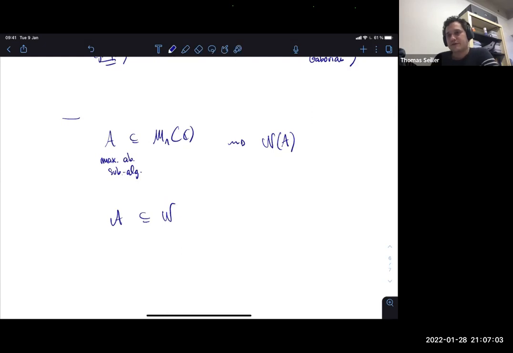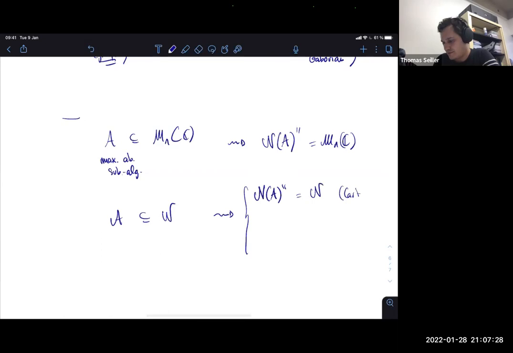So in the matrix case, if you take the Von Neumann algebra generated by this, it is M_N(C). So it's a very nice case and everything works well. But in this case, actually, if you take the normalizer, there are good cases in which you get N. And these are called Cartan subalgebras.